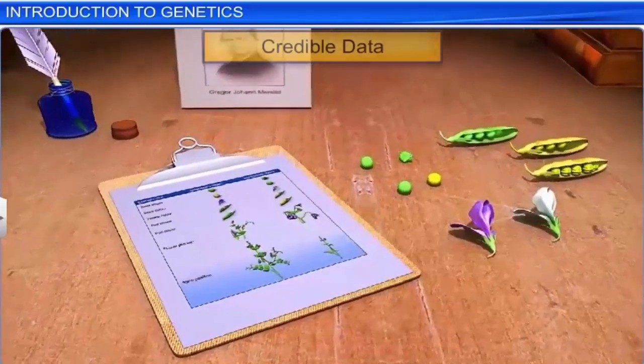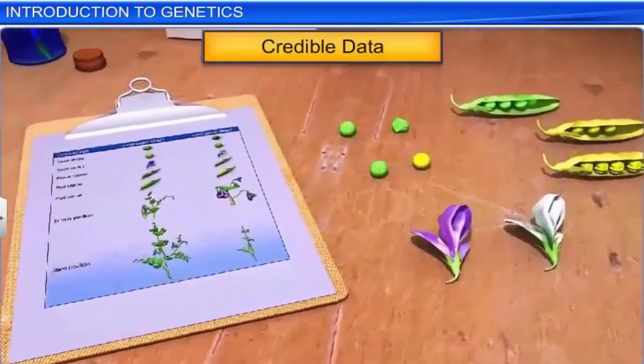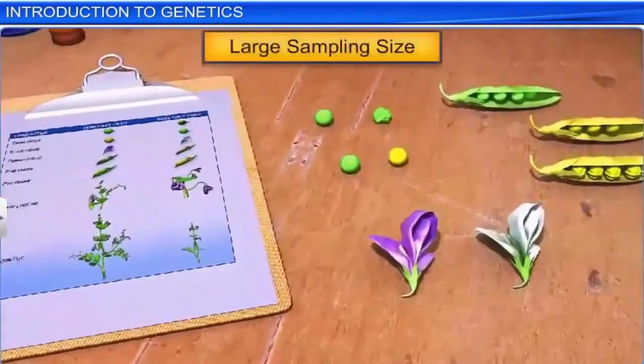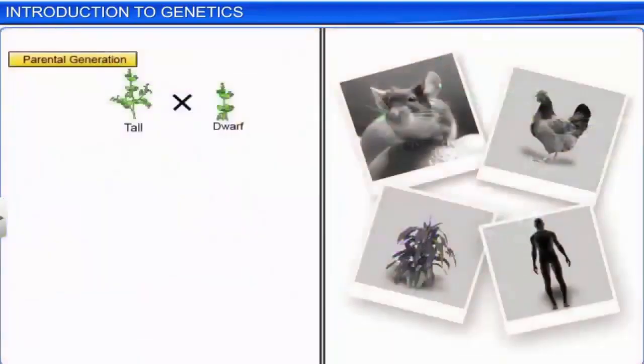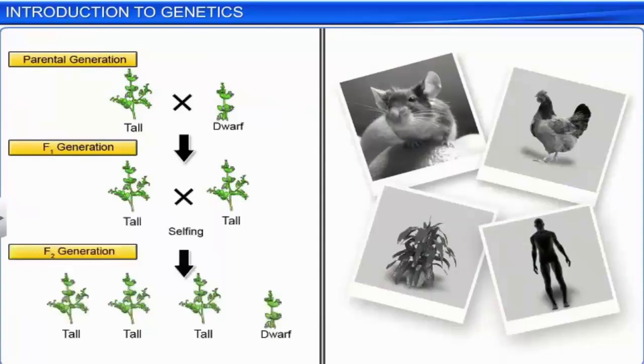Also, the data collected by Mendel was quite credible, as he had used a large sampling size for his experiments. Moreover, as he conducted experiments on several generations of test plants, it helped him confirm his inferences and prove that his rules were not unconfirmed ideas, but general rules of inheritance in all living organisms.